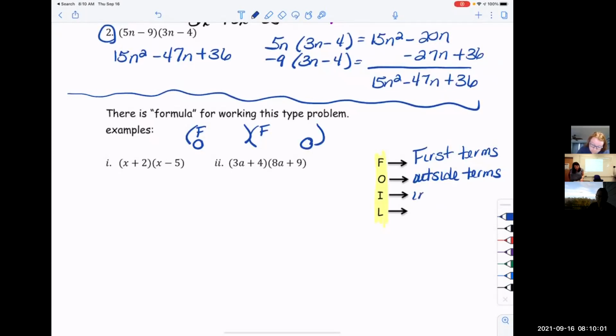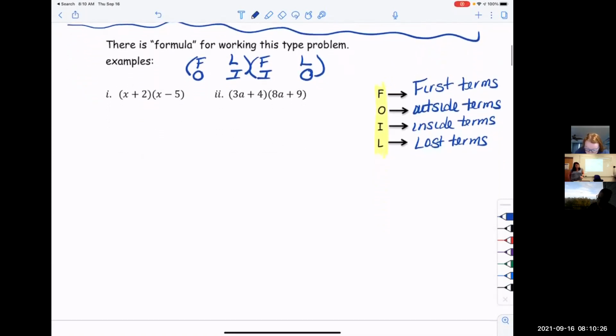I think you know what's coming next. So those are as far inside as you can go. And then your last terms at the last of each parentheses. So that's the order in which you multiply.